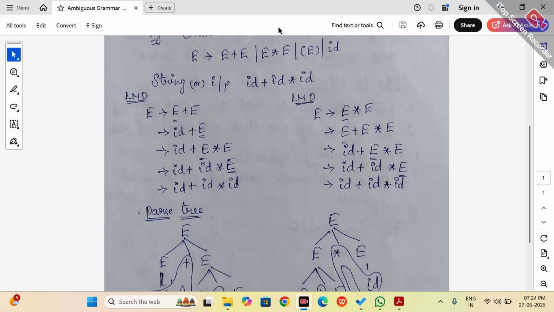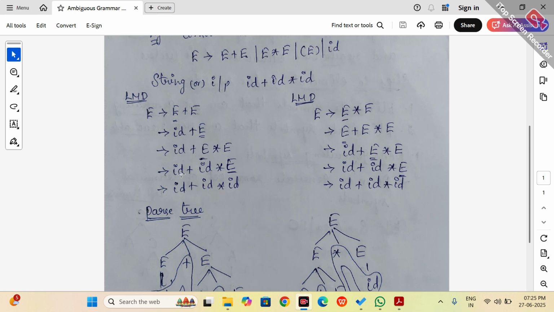Hereafter it is not possible to use other productions, because plus, asterisk and parenthesis are not in our input, so we can only replace E with ID. After that there is only one more non-terminal symbol, so we replace that E with ID again. Now we have derived the input ID plus ID asterisk ID. This is the leftmost derivation.